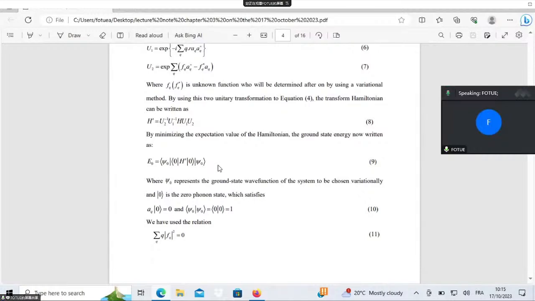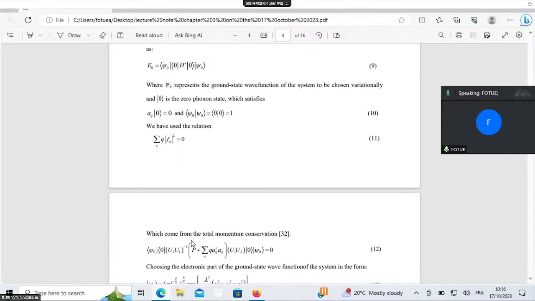Taking into consideration that the vacuum fulfills certain properties: when the annihilation operator A acts on the vacuum, the zero phonon state, we have 0, and the square of this 0 phonon state is equal to 1. Also, this sum over Q of the variational function f Q squared is equal to 0.